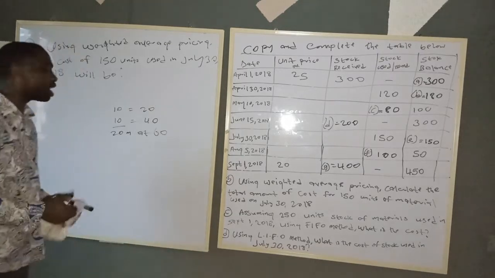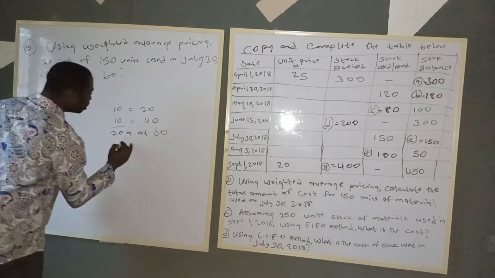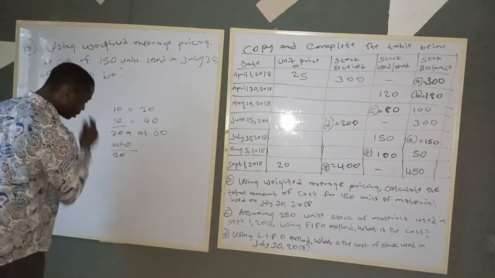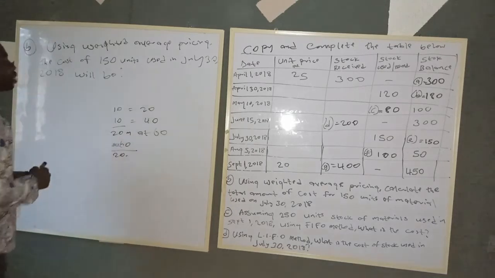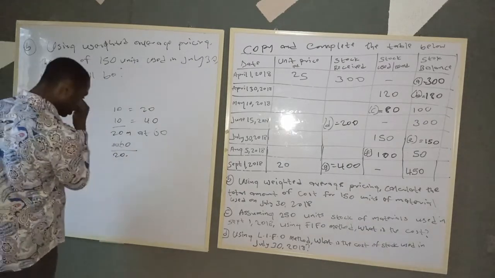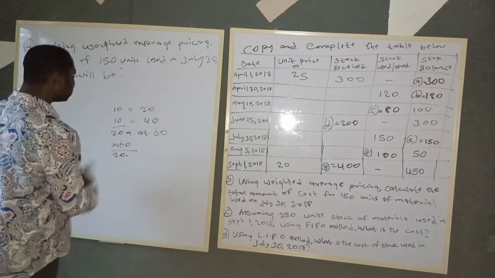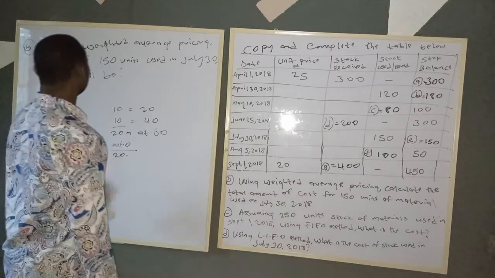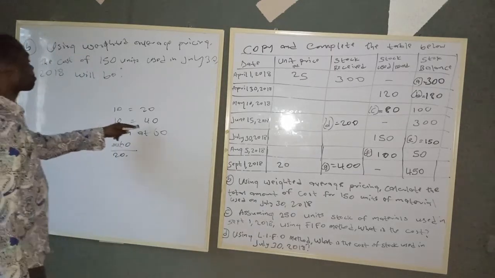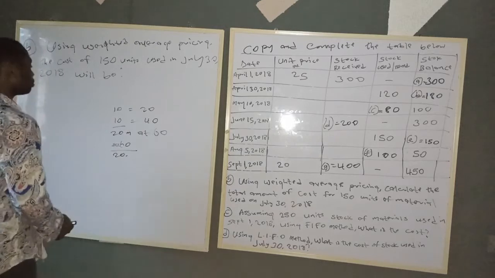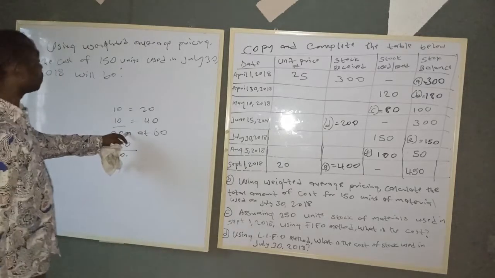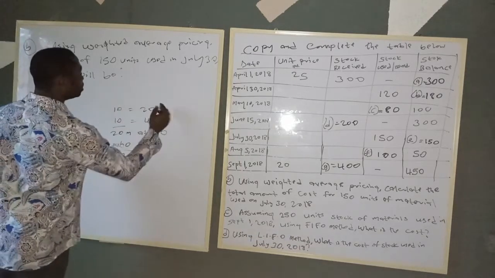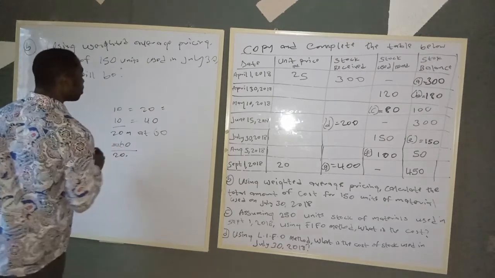So when you want to use weighted average, you just say 60 naira divided by 20 markers, which is going to give us 3 naira.